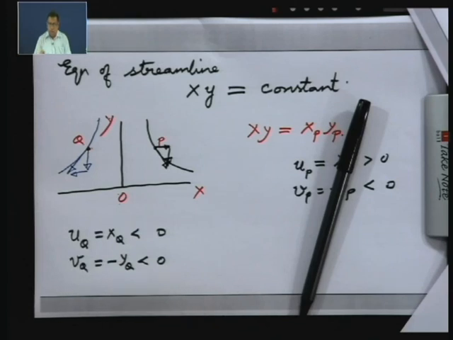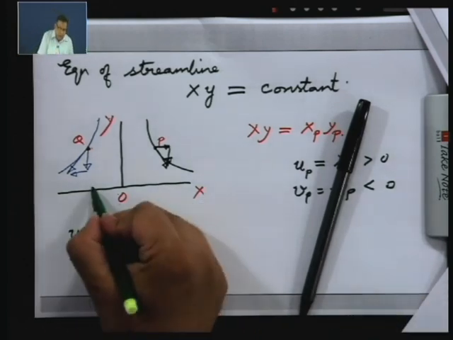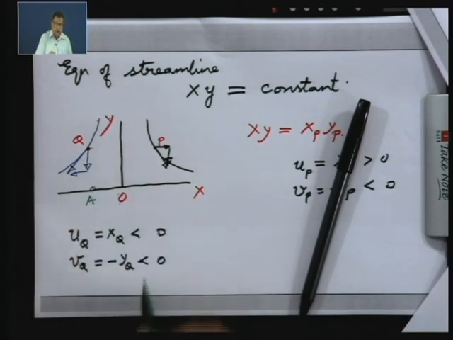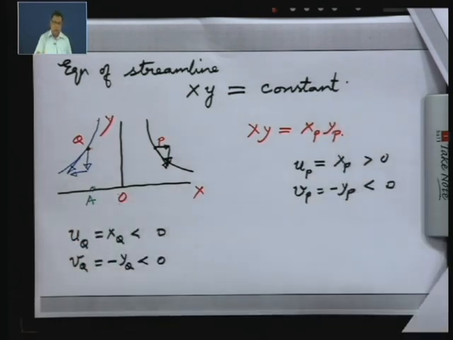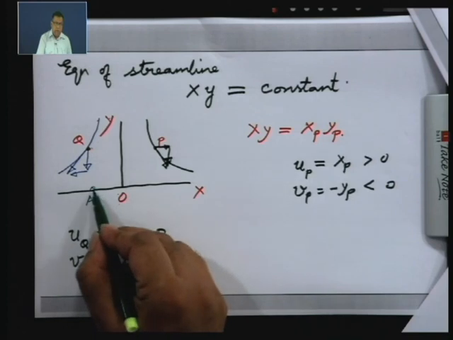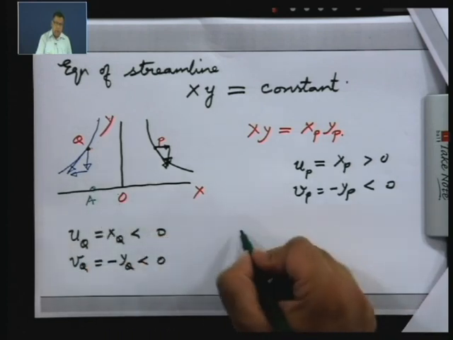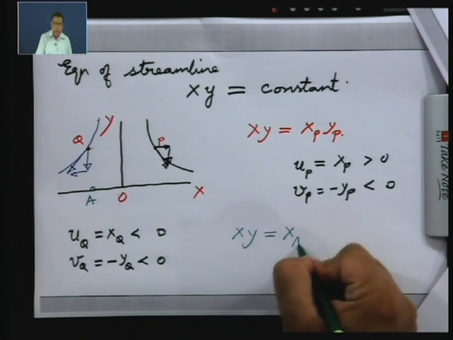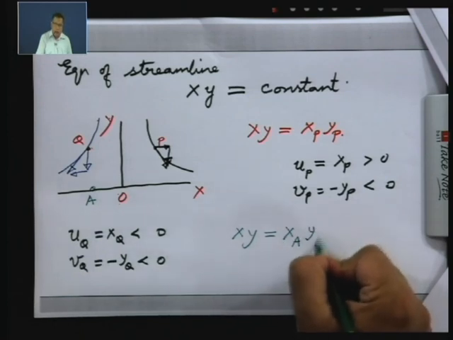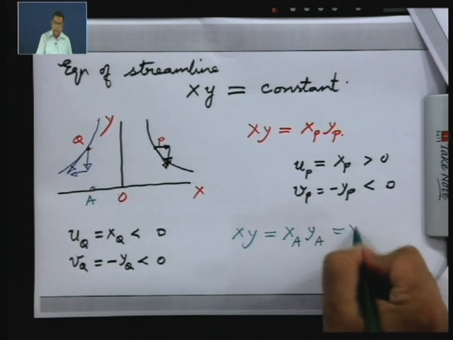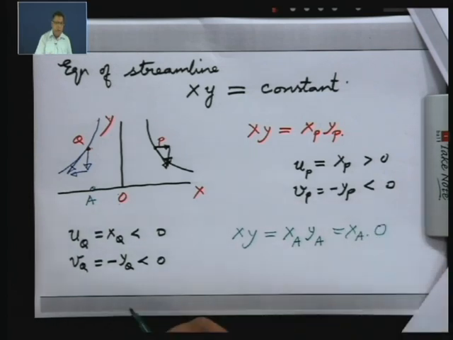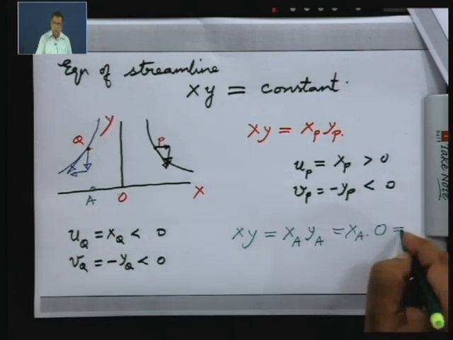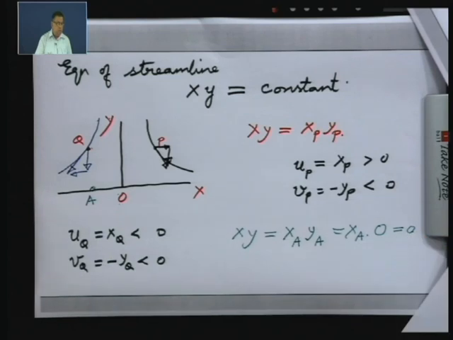Now, we will consider a point A over here. What is the equation of the streamline through this? Well, it will be xy equal to x_a into y_a. So, that is x_a, and I have taken a point where y_a is 0. So, this is equal to 0.